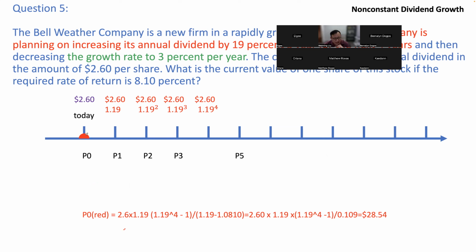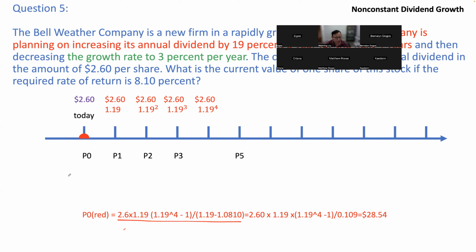I use a partial circle here, a half circle, because we have more streams. So this red stream is only part of the present value, so I only use half a circle to represent the partial. So the present value, P0 red, is calculated by this formula.